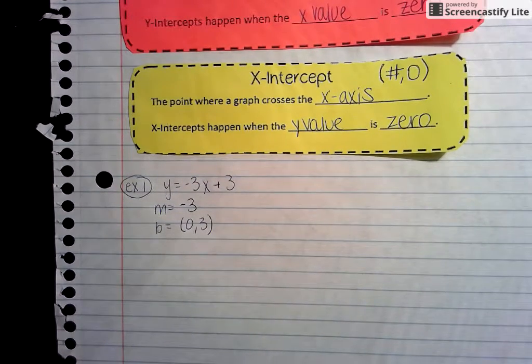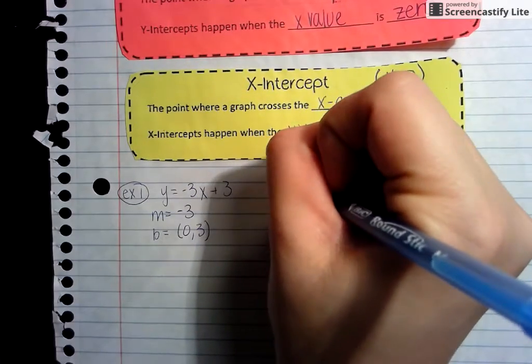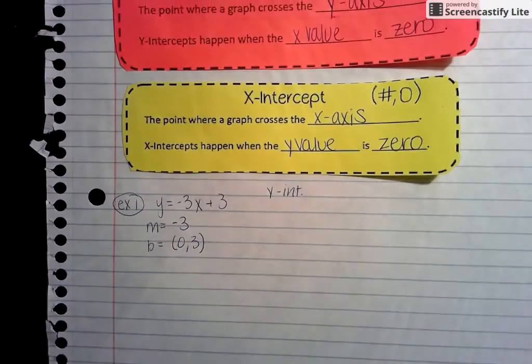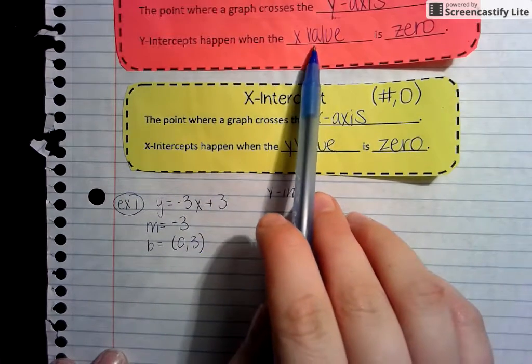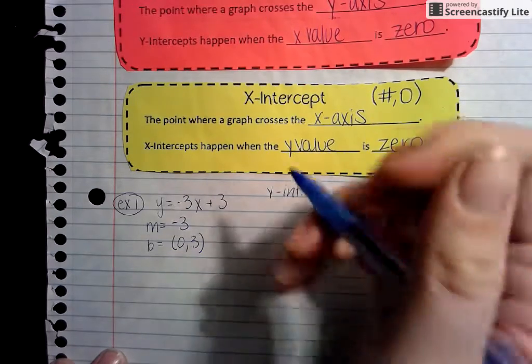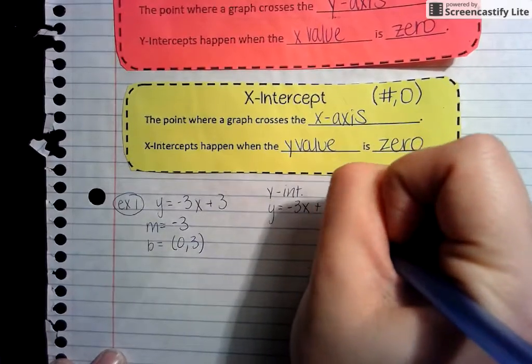To see why it is the y-intercept, some of the math behind it is that if you take the x value and make it 0, you're going to see what happens. So we have y equals negative 3x plus 3.